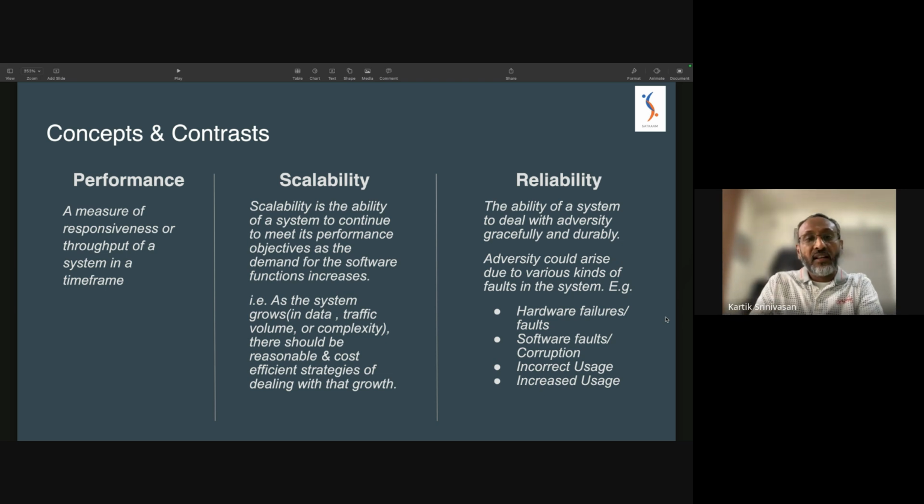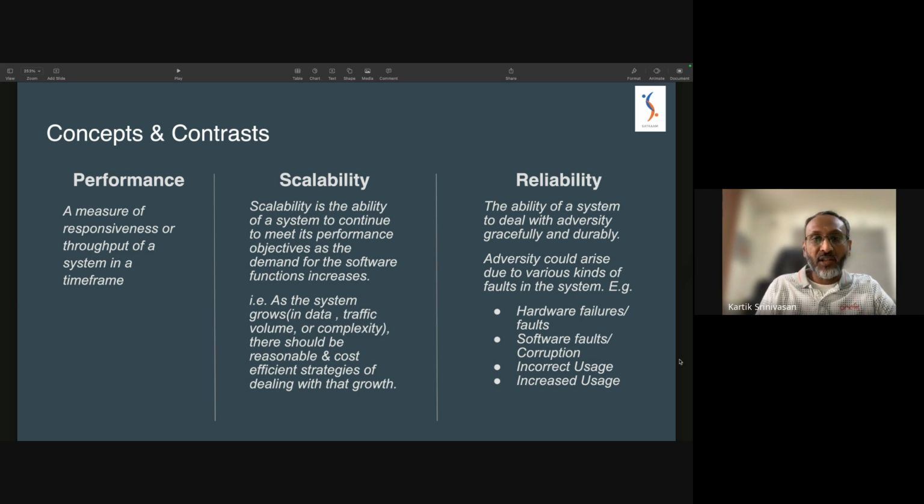The last one is reliability, and the reliability of the system is sort of defined as the ability for the system to be able to deal with adversity, right? And in a manner that it is graceful, in the manner that it is durable. So, for example, in terms of just the bike example that we were talking about, how reliable is the bike?